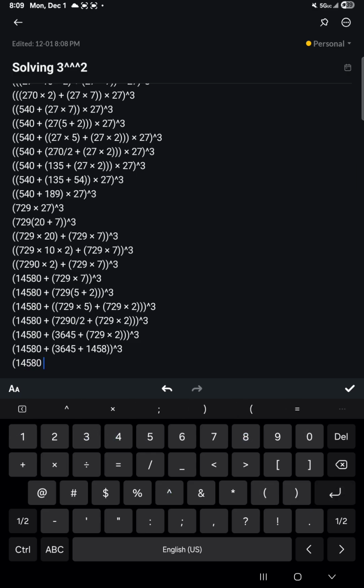Now add 3,645 plus 1,458. 5 plus 8, that's 13, and so on: 45 plus 8 is 53, 65 plus 5 is 70, 37 plus 4 is 41, and 4 plus 1 is 5.